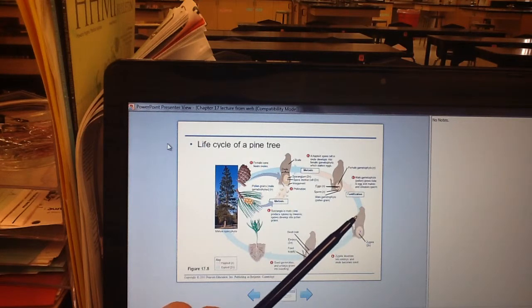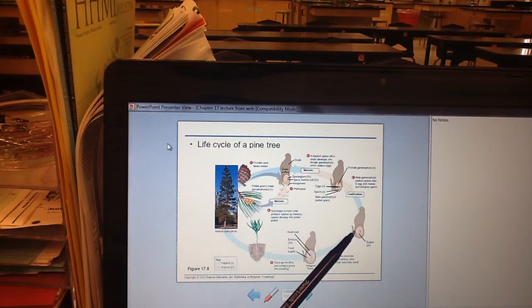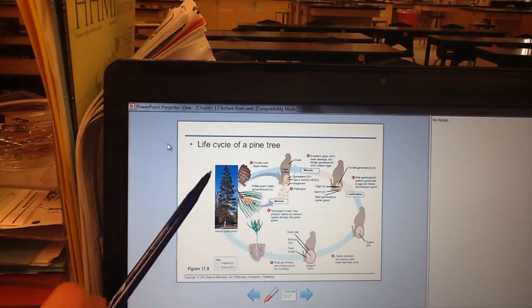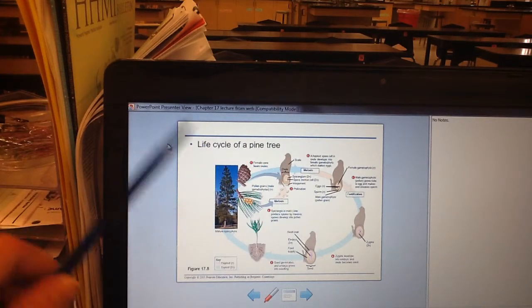This brown structure is part of a pine cone, so this zygote is developing inside of a pine cone. It's growing and developing through mitosis, and eventually it becomes its own little sapling or tiny baby tree. This sporophyte will grow up to become the ginormous pine tree as we know them, and that's the sporophyte generation.